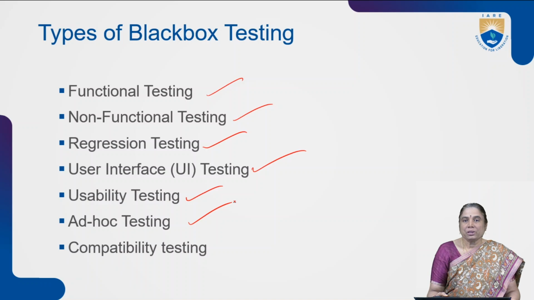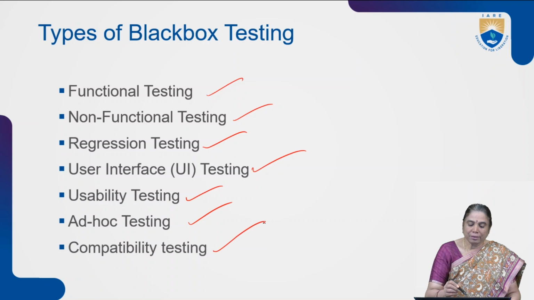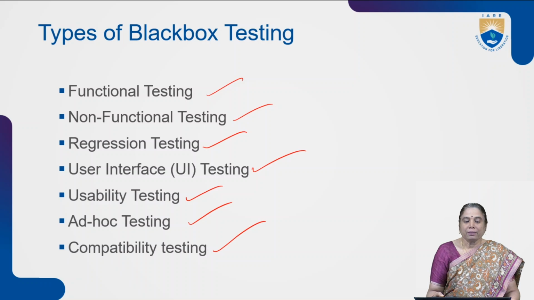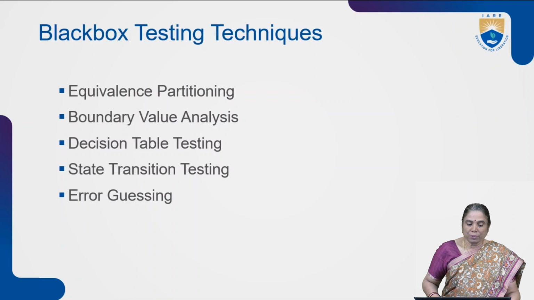Whether the application is suitable for a variety of environments, like different browsers, operating systems and hardware infrastructure, is tested in compatibility testing. All these are the varieties or categories of black box testing.